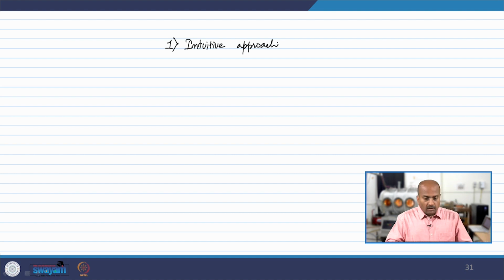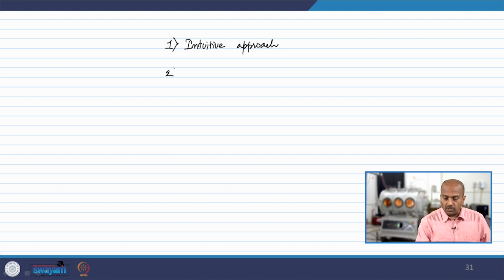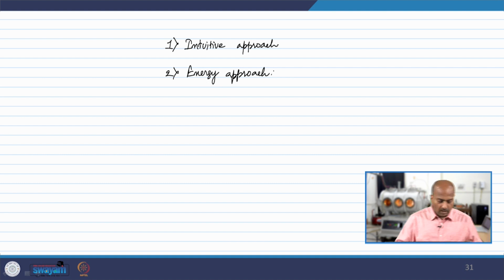Okay. Then the second method is the energy approach. What is this? So, in this method, the plasma at equilibrium is given a perturbation, and the change in the potential energy of the plasma as a result of this perturbation is calculated.